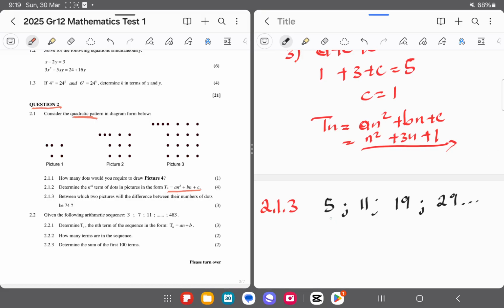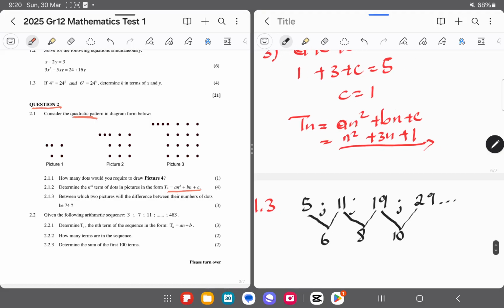Now, between picture 1 and picture 2, the difference is 6. The first difference is 6. Between picture 3 and picture 2, the difference is 8. Between picture 4 and 3, the difference is 10.